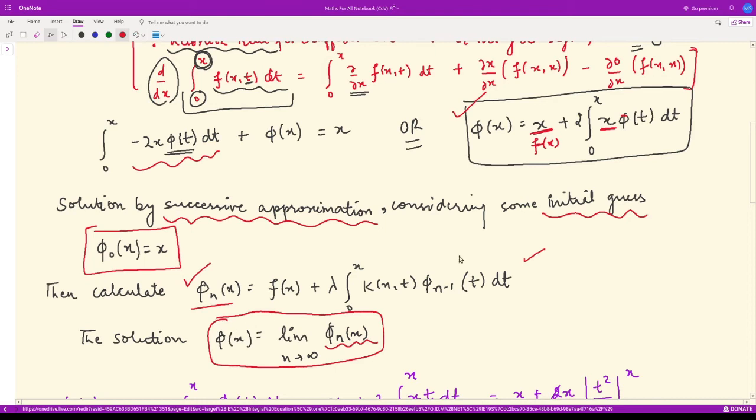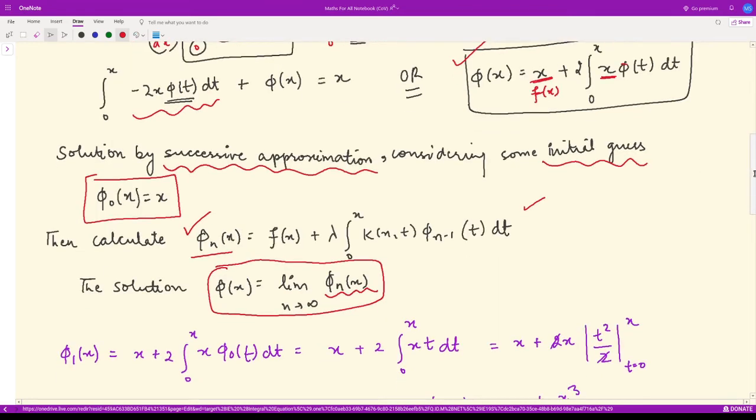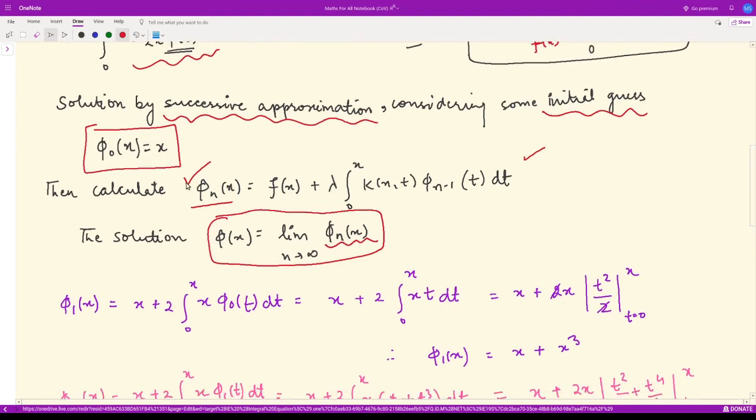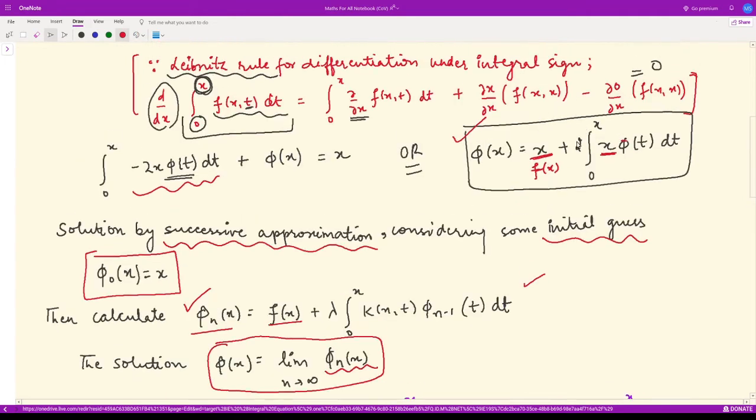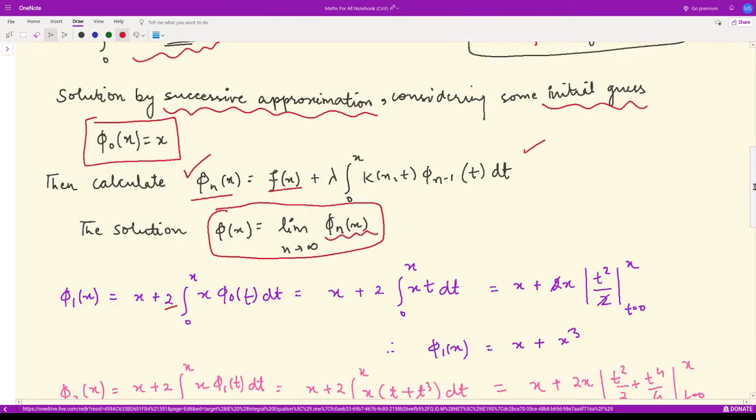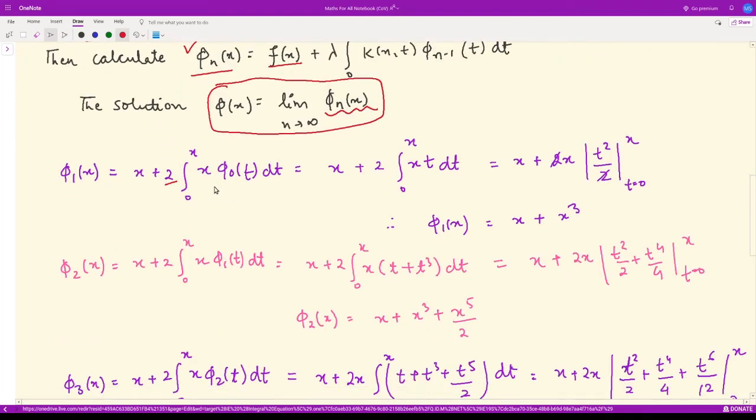So let us see how this process works. Let us first calculate phi 1. What would be phi 1 according to this formula? It would be x, because f of x is x, and lambda in this case is 2, given in the question. You can see our equation, this x plus 2, right? Then integration from 0 to x, this x as it is, and phi naught t.